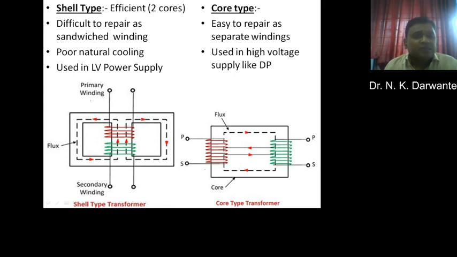Depending upon the number of turns of primary and secondary, here also you will get step up or step down transformers, but the winding is only on a single limb, the central limb. Normally this shell type of transformer has a poor natural cooling mechanism, but it is used for low voltage power supply.